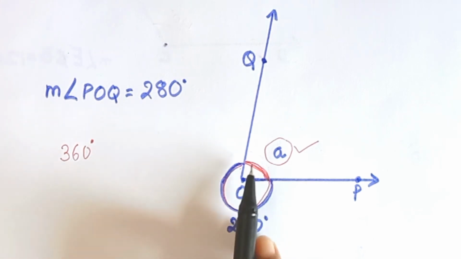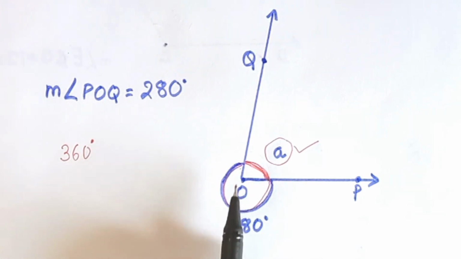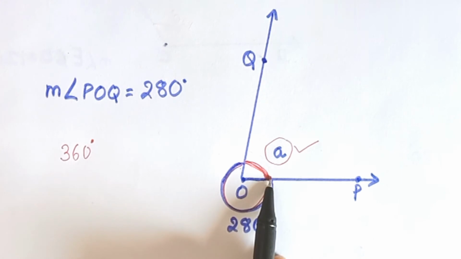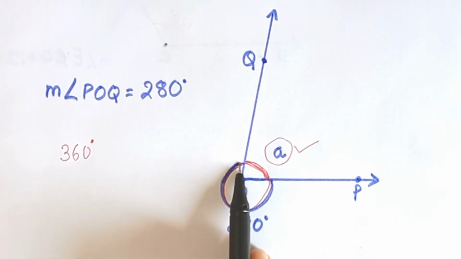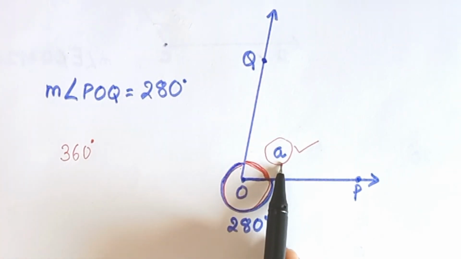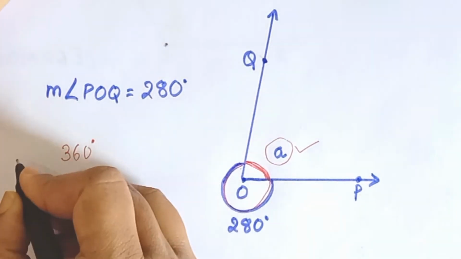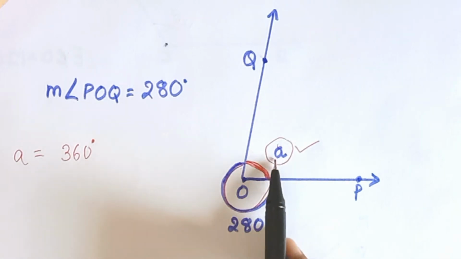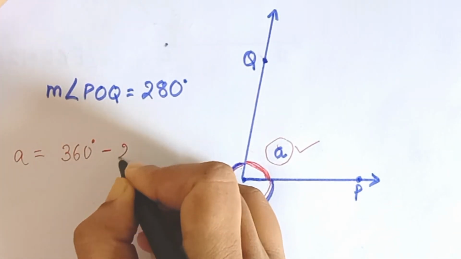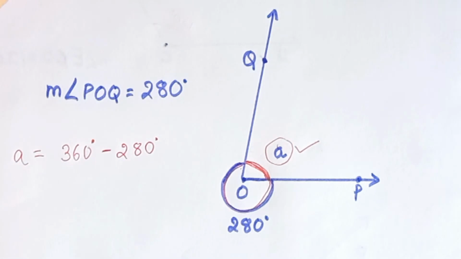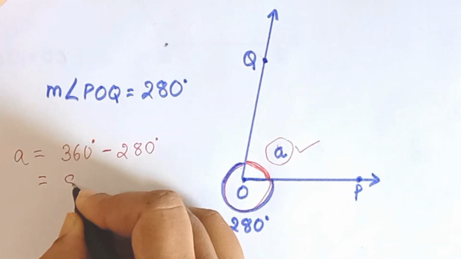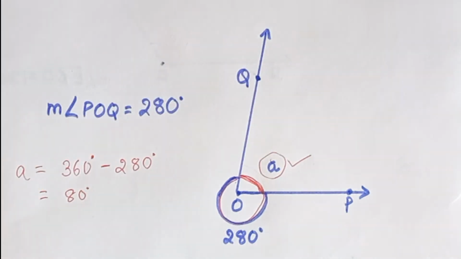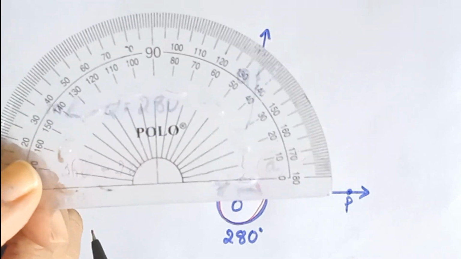To make an angle which measures 280 degree, we take the complete circle and remove this 280 to get this A. So A is equal to 360 minus 280 degree, and that comes out to be 80 degree. So now friends, you can easily make angle A, which is 80 degree, using this normal protractor that you have.